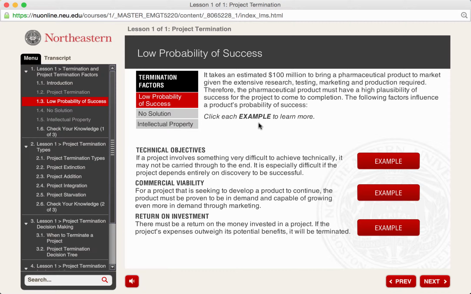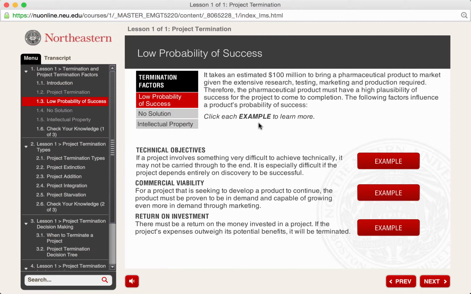If we look here, what we have is a basic setup for this series of slides, and we're talking about the low probability of success of an engineering project, and of course this is tied to project management and engineering. What contributes to the low probability of success? There are some things that cause a project to end, and that's what this module is about.